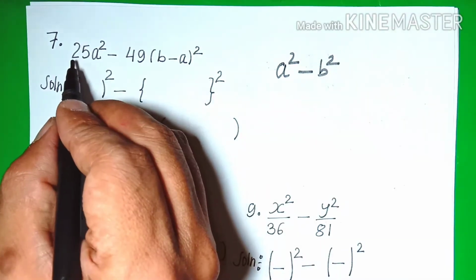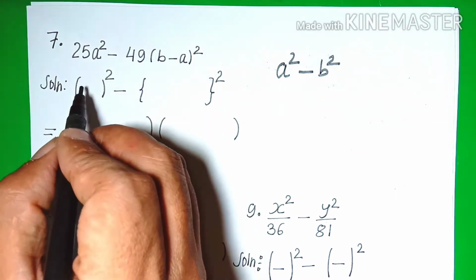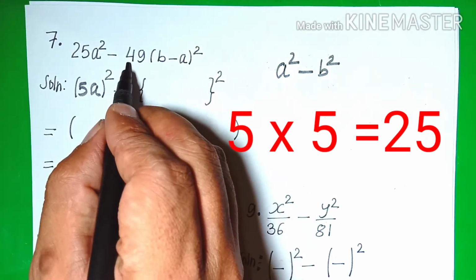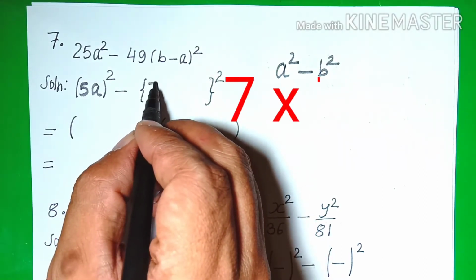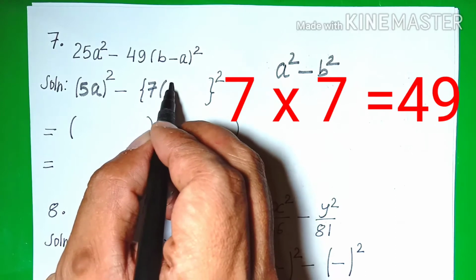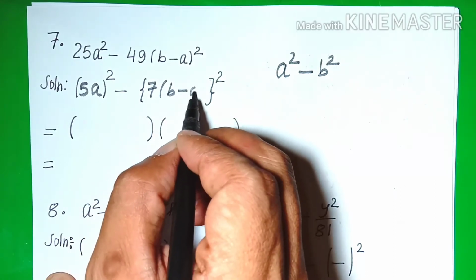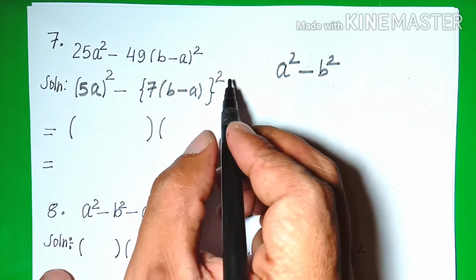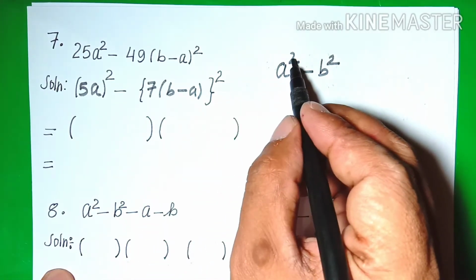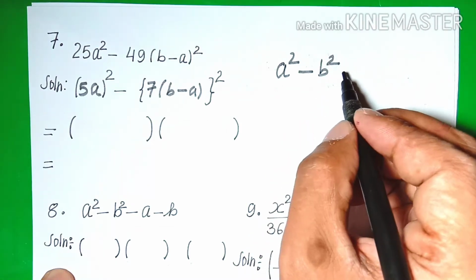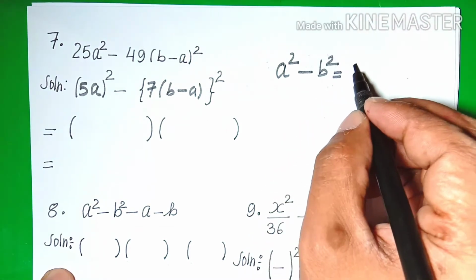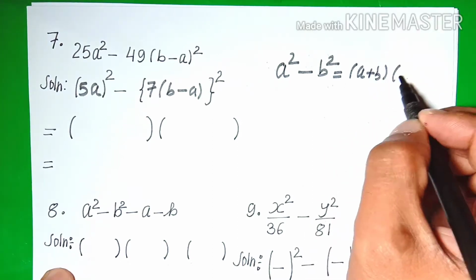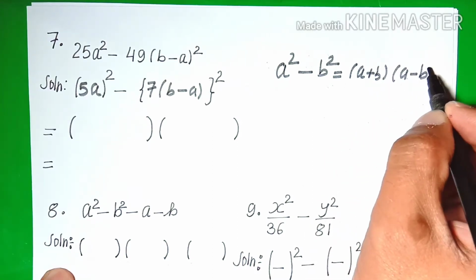Now we know that 25 is a perfect square of 5, so 5a, and 49 is also a perfect square of 7, and within the bracket b minus a we close, after that use curly bracket, the whole square. So that is how I've got a square minus b square, and that implies, we know, a plus b times a minus b.